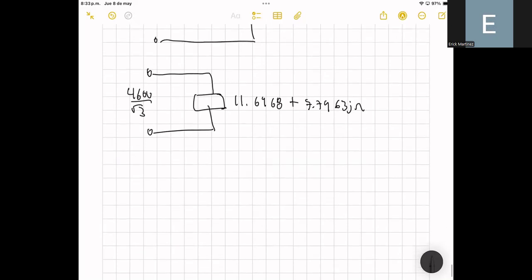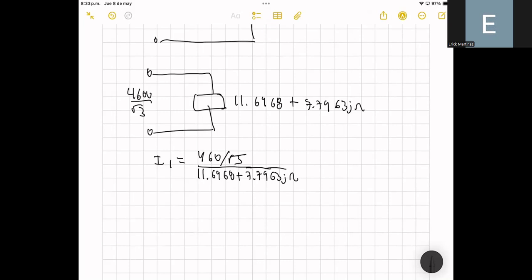Okay. So I1 can be computed as this voltage, that is 460 divided by the square root of 3. And we need to divide that by the impedance, that is this value, that is 11.6968 plus 7.7963j ohms.